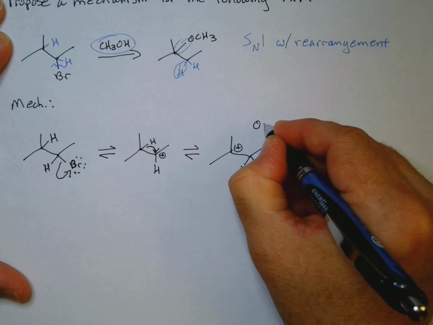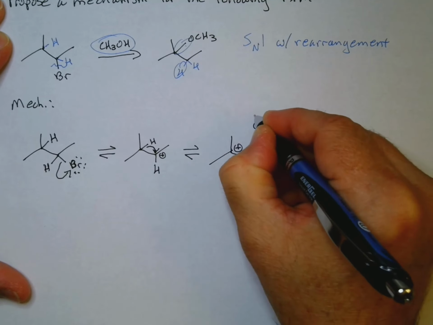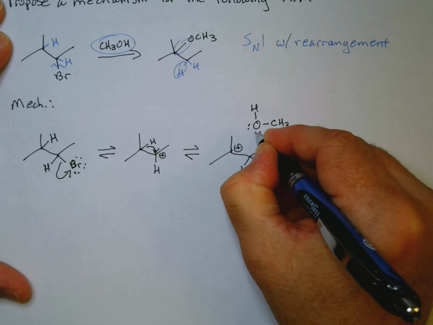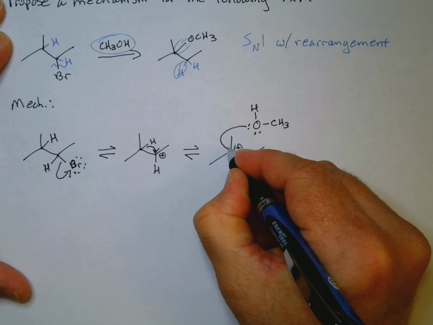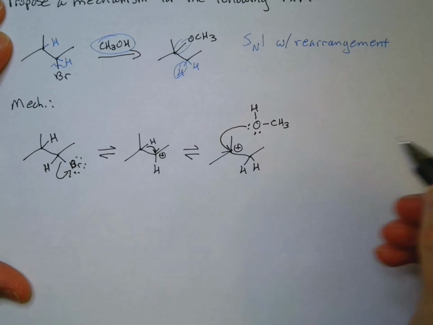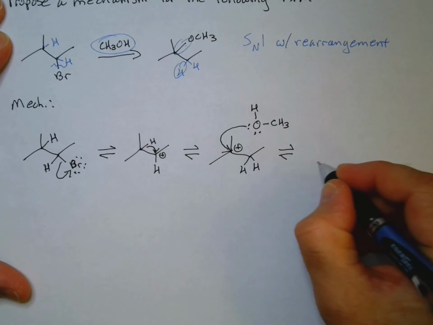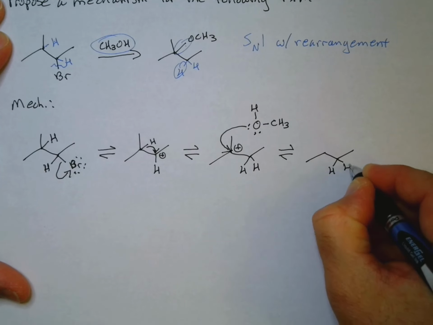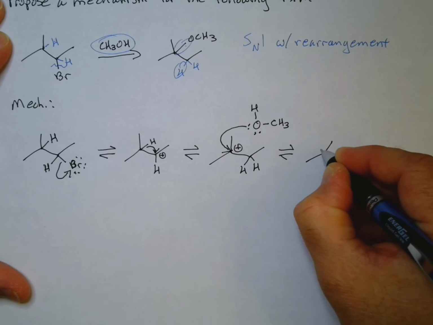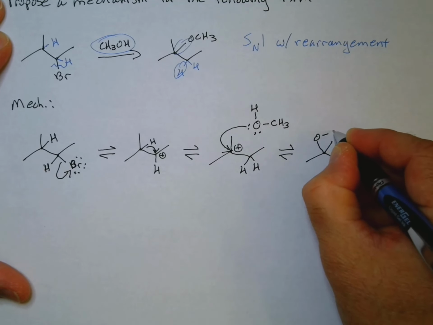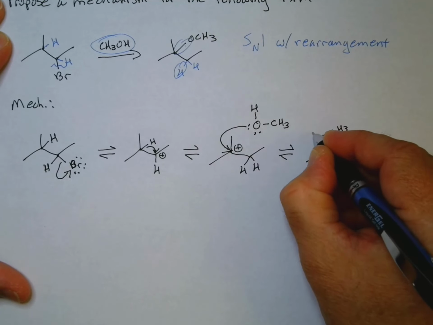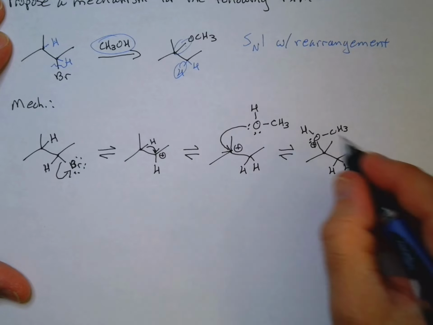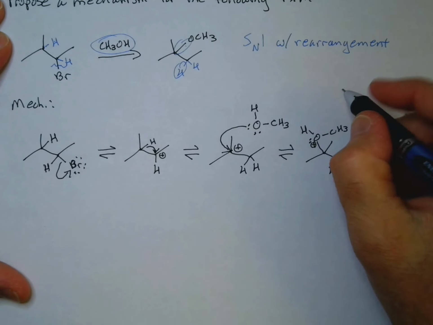And now my HOCH3 can come in and attack the carbocation. That's going to give me OCH3H with a lone pair and a positive charge. Now I need to deprotonate that to get my final product.